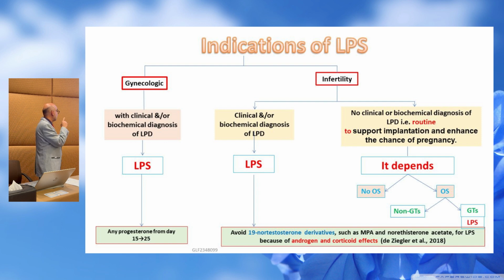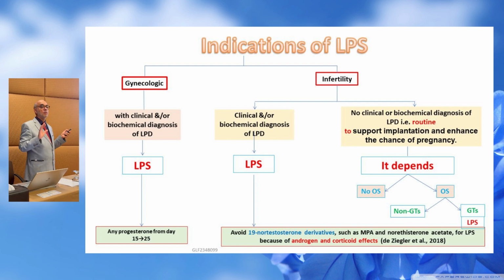Those patients with clinical and or biochemical diagnosis of luteal phase defect should be treated. Don't ignore them. And treatment by progesterone. Any progesterone you can give to those patients to control bleeding and to prolong the luteal phase, including the natural progesterone, including dydrogesterone. This is a category, and this is the main category in your clinic.